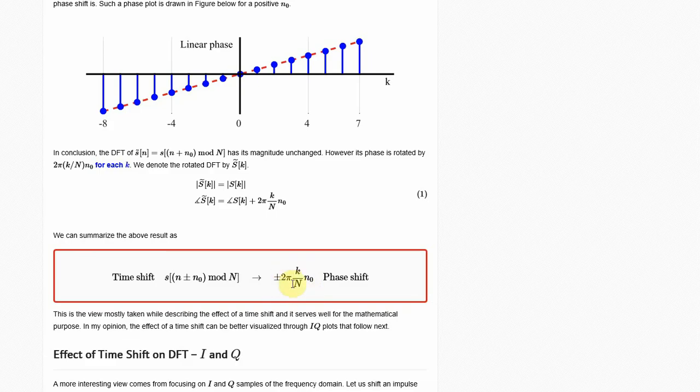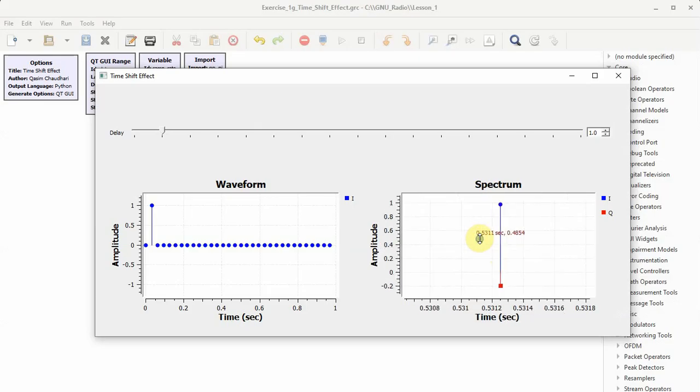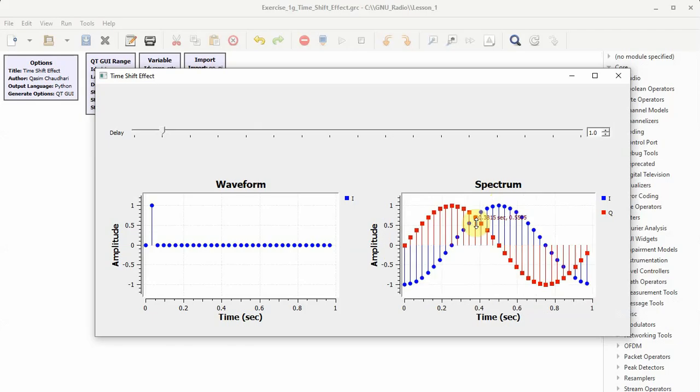Or if you want, you can say 2 pi 1 over 32 into minus 1. In each case, the value of the sine argument can be found as 2 pi 1 over 32 into minus 1, and if you take the sine of that, you will see that it will be minus 0.19 something. So that's how these values appeared, and similar goes for cosine.